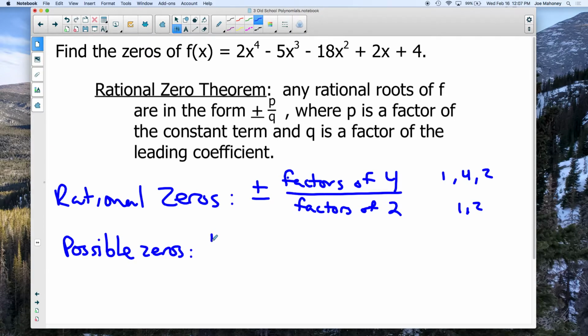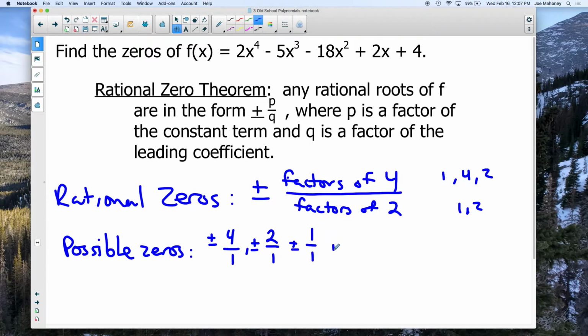So it's plus or minus 4 over 1, or plus or minus 2 over 1, or plus or minus 1 over 1. So I did all the factors of the numerator with just the factor of 1 on the denominator.